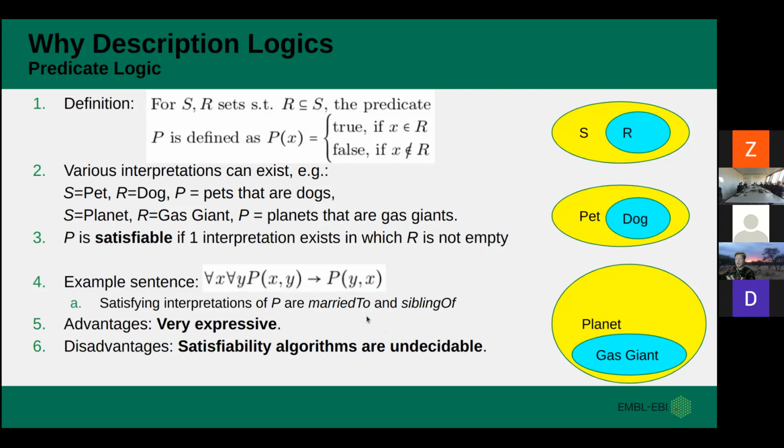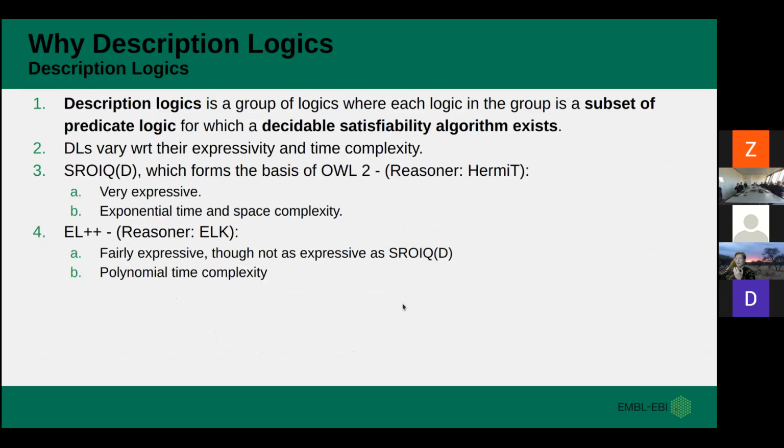The value of predicate logic is that it's very expressive. But the problem is it doesn't have decidable algorithms for satisfiability checking. So this is where description logic comes in: description logic is a subset of predicate logic for which there are decidable satisfiability algorithms.